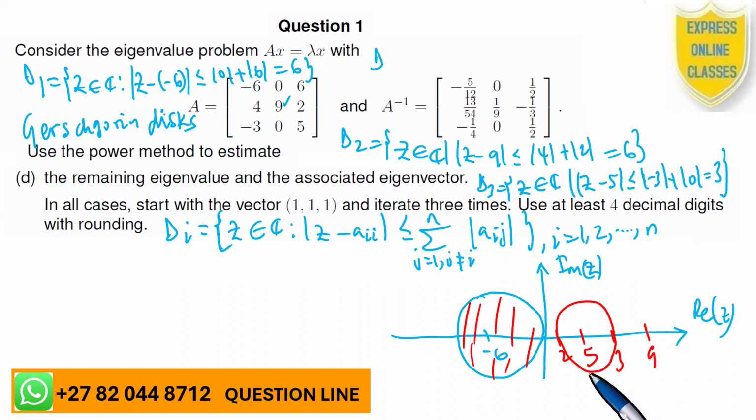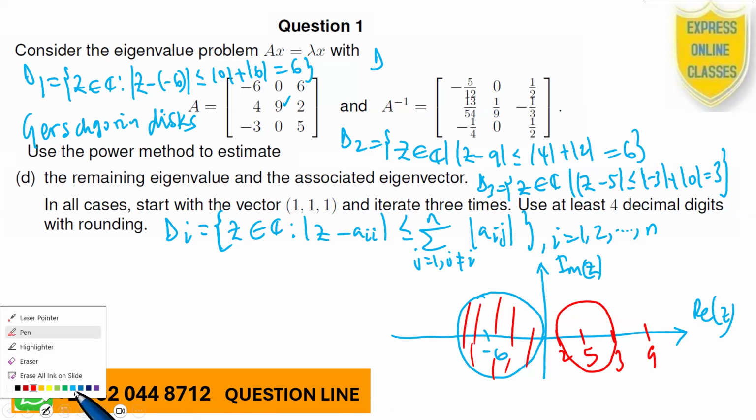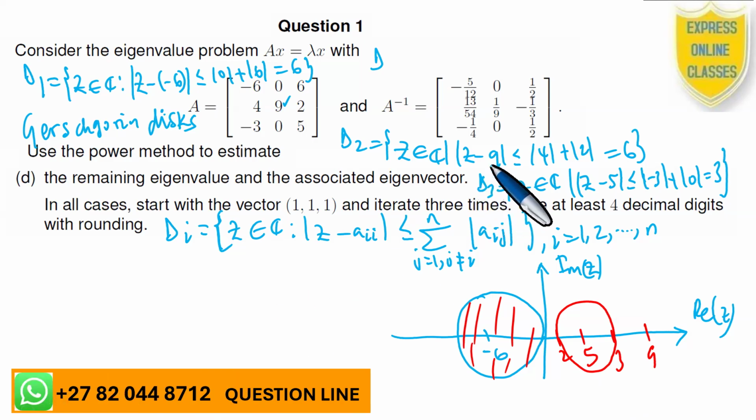So let us focus on disk number 2. Disk number 2 has center 9, but its radius is 6 units.